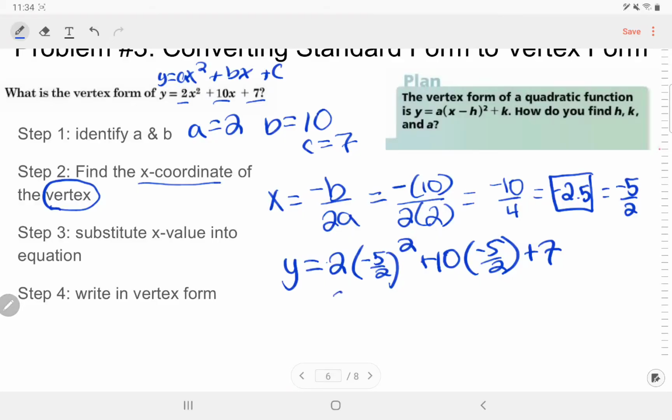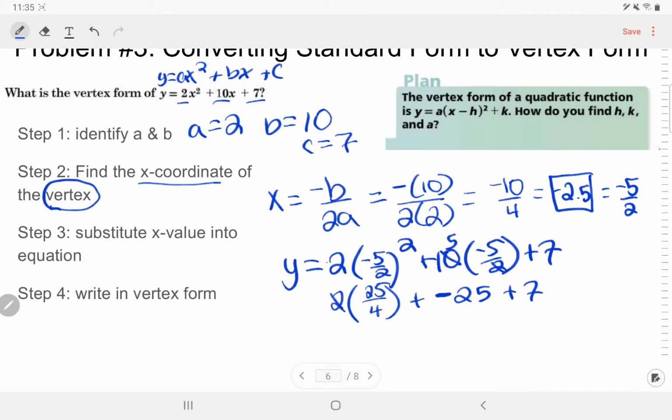We have 2 times, we're going to take the square, so it's negative times negative, so it's actually positive 25 over 4, minus, this 5 and 10 divided by 2 is 5, and that's going to be 5 times 5 is minus 25, plus 7.